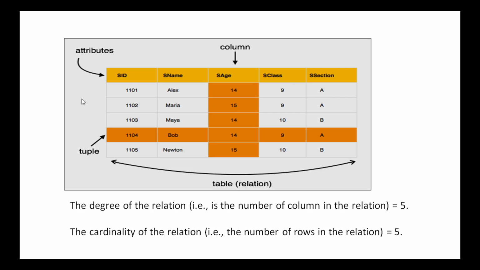A table is composed of rows and columns. It has some tuples and some attributes, and each attribute has a distinct name: SID, SName, S class, and S section. Those are the distinct names.